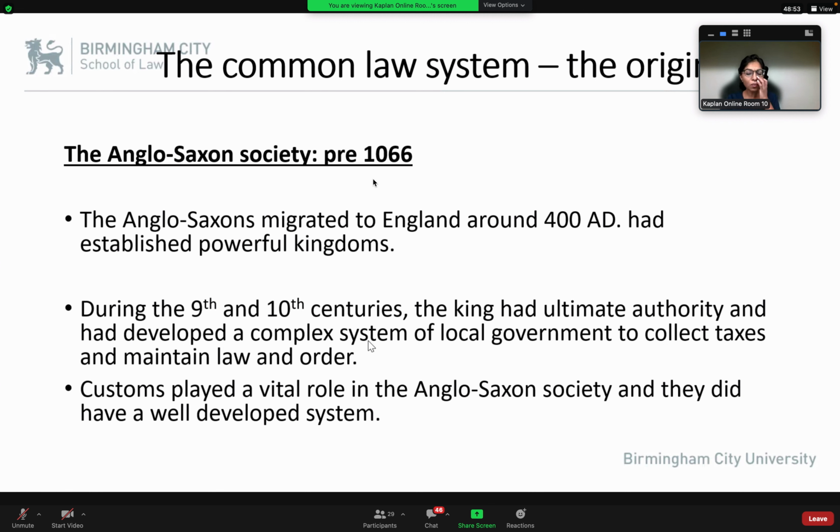So when you look at this Anglo-Saxon society, the king developed the society based on customary laws. Customs were the rules of their lives. They will follow customs. So for example, if it's a customary practice for a boy to go and work at the age of 14, you have to go and work at the age of 14.